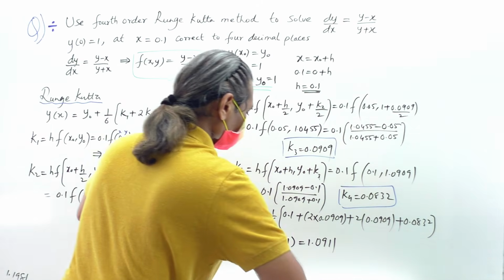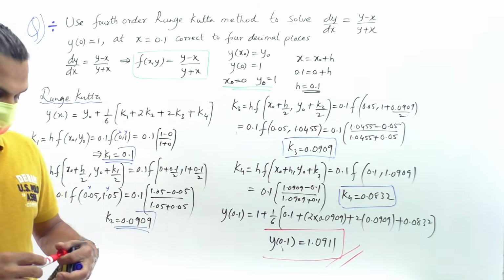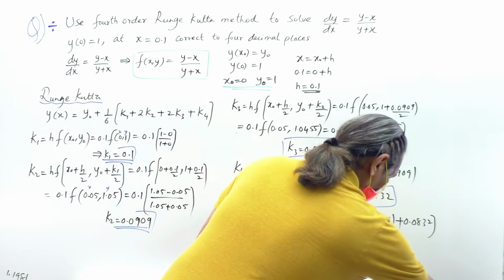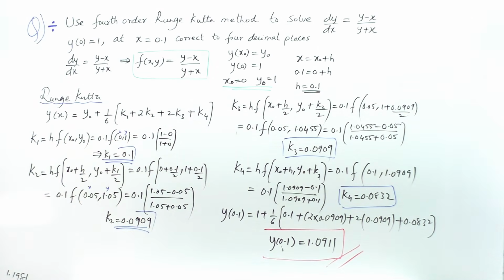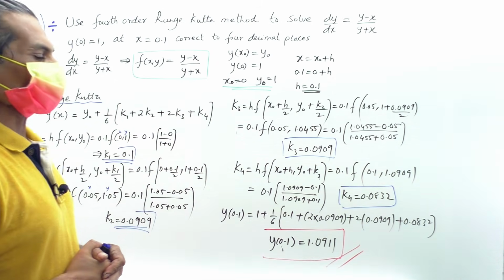That's correct to 4 decimal places from the Runge-Kutta method. So easy, right? We have the solution here as 1.0911 up to 4 decimal places.